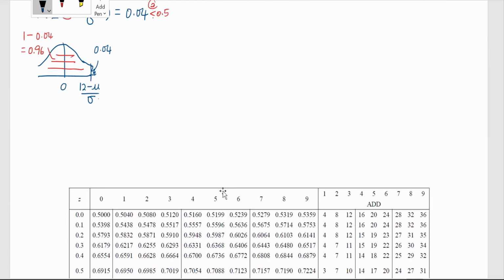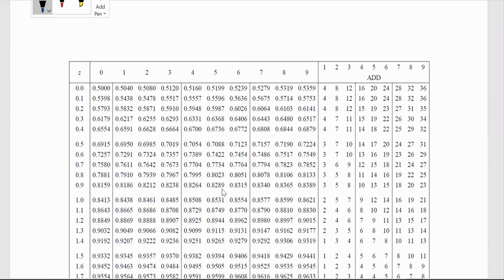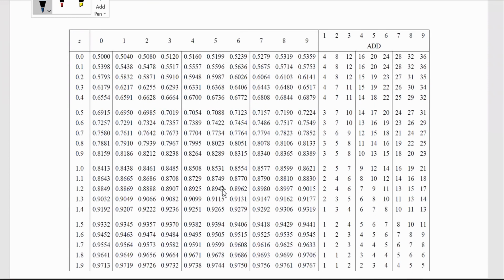So let's see 0.96. I scroll down, and this is the extraction of the table. Look for 0.96. We don't get 0.96 directly. We get 0.9599. Right.